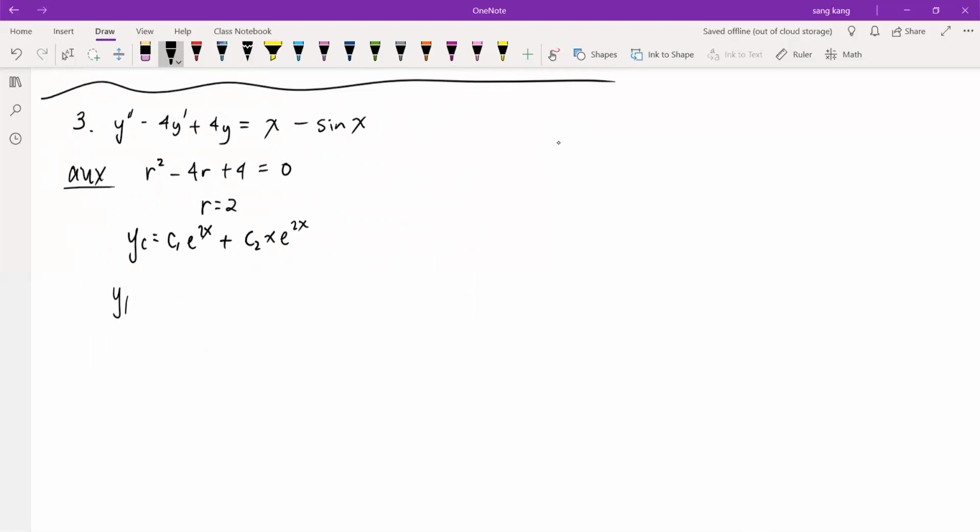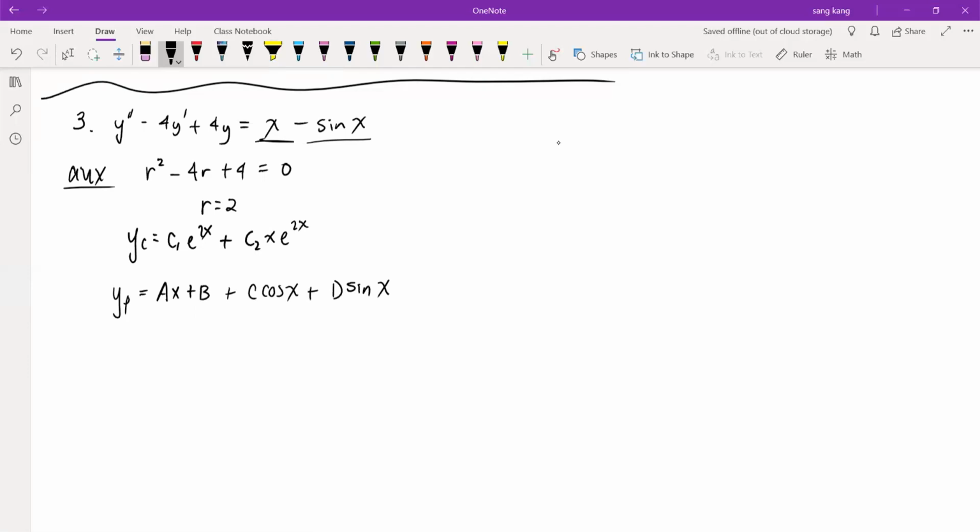Our particular will be the trial for this one, which is ax plus b, and then the trial for this one, which is plus c cosine x plus d sine x, right?